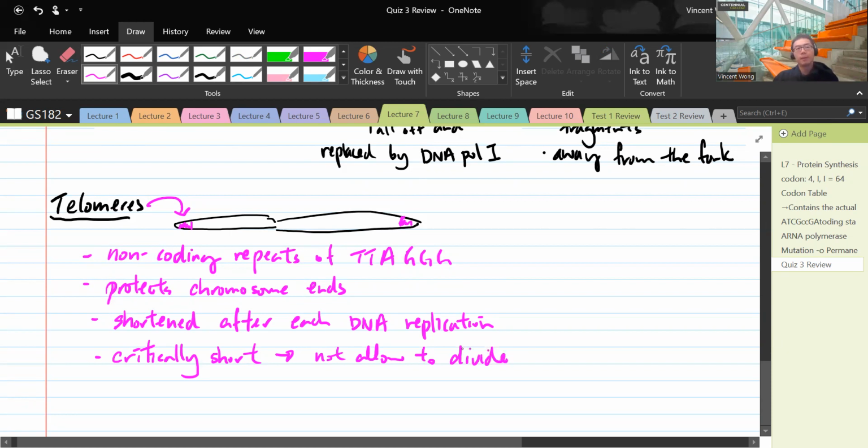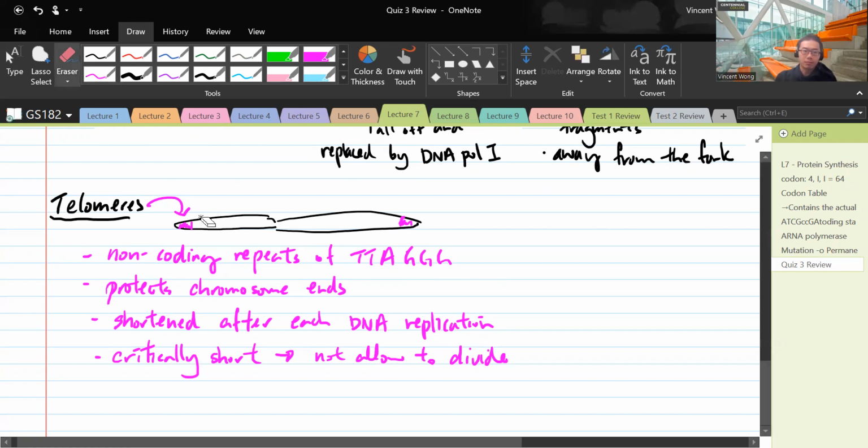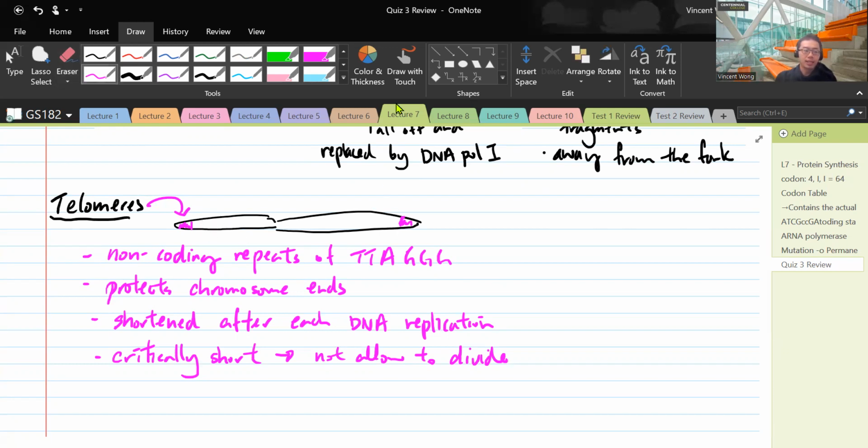The cell would become senescent; there's going to be growth arrest. You cannot allow the cell to divide again, because if you divide another round, which means you're going to have to copy your DNA one more time, you will start eating into the genes that are located at the end of the chromosomes, right? So that is not good.